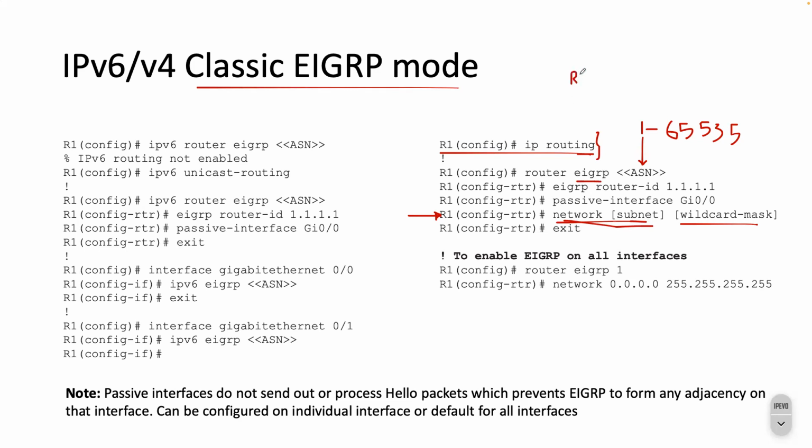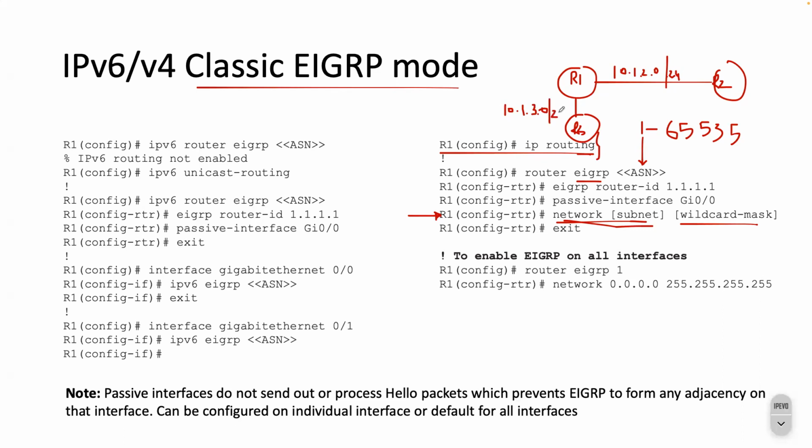Let's say this is router R1. It is connected with multiple routers, R3 and others. Here let's say your subnet is 10.1.2.0/24. Here you have 10.1.3.0/24.